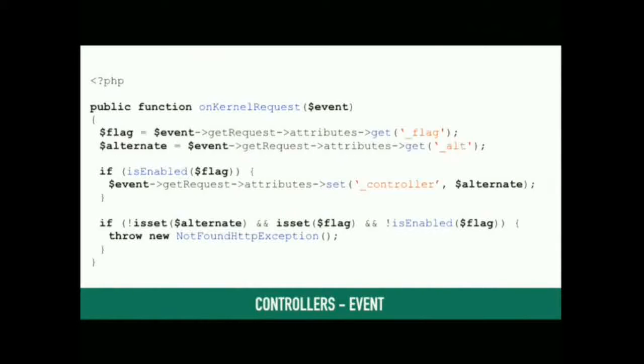If there's not an alternate controller defined on that particular controller instance, then throw a 404. Essentially you're saying the flag determines whether you should be able to access that page. The flag is on that entire page. So instead of wrapping your entire controller in an if statement and then throwing a 404, you handle that logic completely independently in your routing.